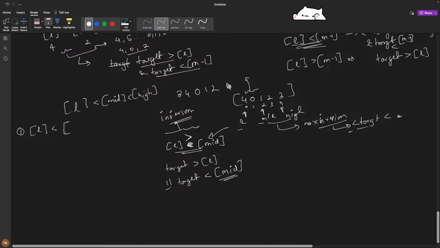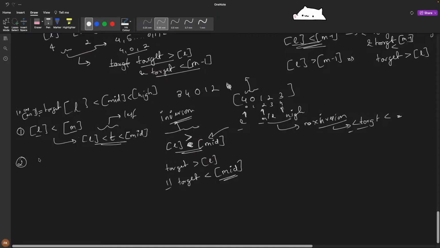Then we have to check, in case the value of mid is not equal to target, then if we see that low is less than or equal to mid, then we can check if target falls between them. We can take the left side.